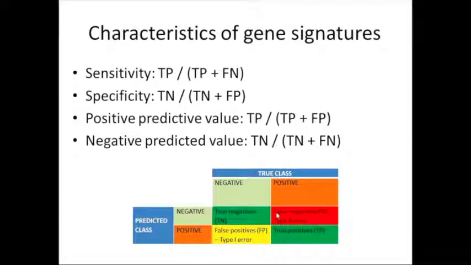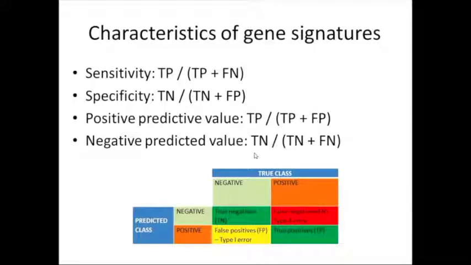So what does it mean for an individual patient? It means that if a sample related to this patient was classified, for example, as positive, then the probability that this classification is correct can be estimated by the positive predictive value. Similarly, if a sample for a patient was classified as negative, the negative predictive value gives the probability that this classification is really correct.